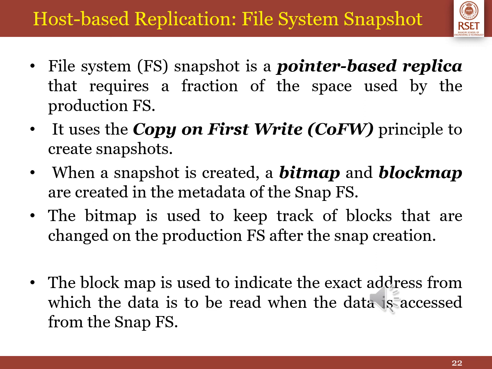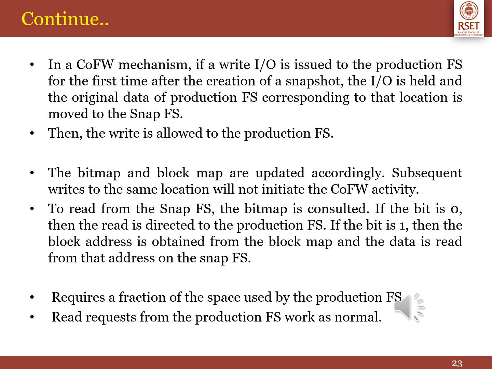Immediately after creation of the snapshot, all reads from the snapshot will actually be served by reading the production file system. In the case of a copy on write principle activity, if a write input-output is issued to the production file system for the first time after the creation of a snapshot, the input-output is held.